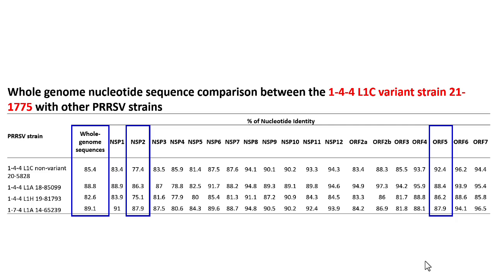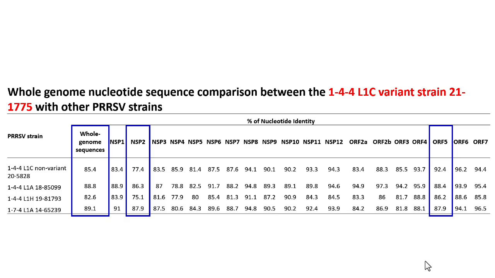We did whole genome sequencing of these 5 isolates. When you compare the 144L1C variant with the other 4, at the whole genome level there is around 83 to 89% identity. At ORF5 it is roughly 86 to 92%, and NSP2 is 75 to 88%.